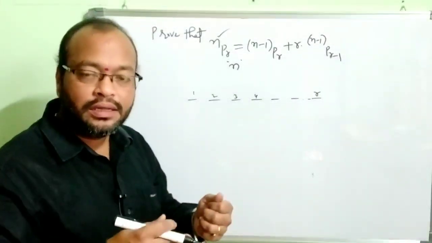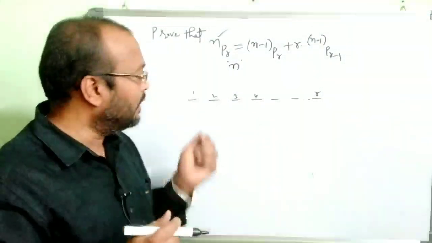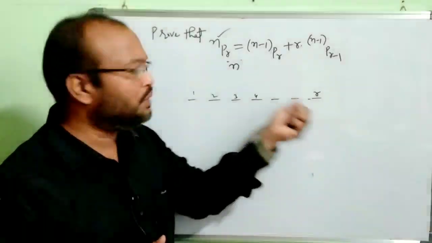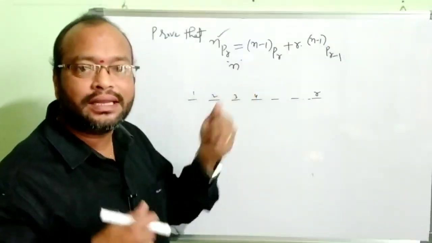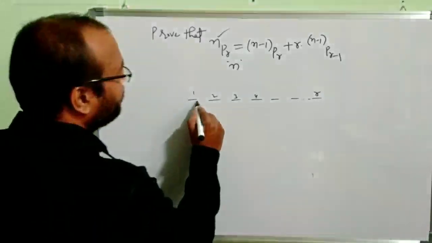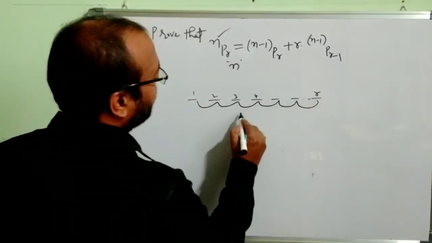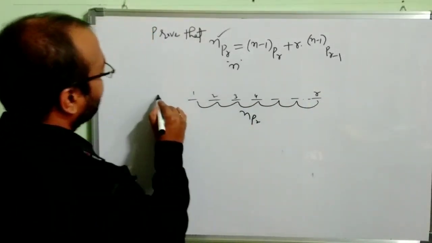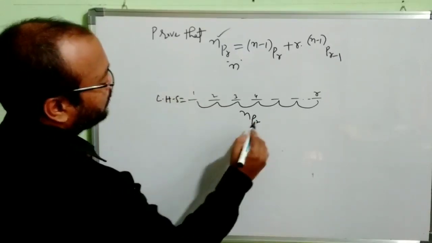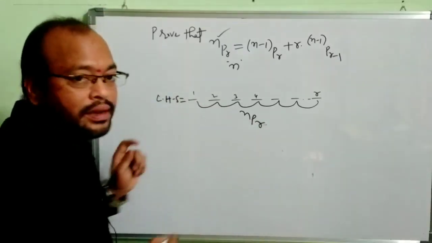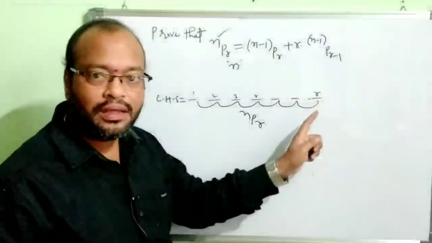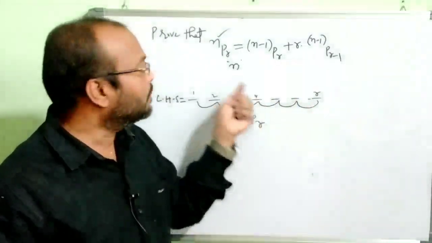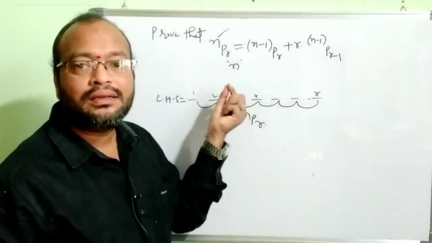According to the definition, the number of ways of filling R blank places by using n dissimilar things is nothing but NPR. This is our LHS part.